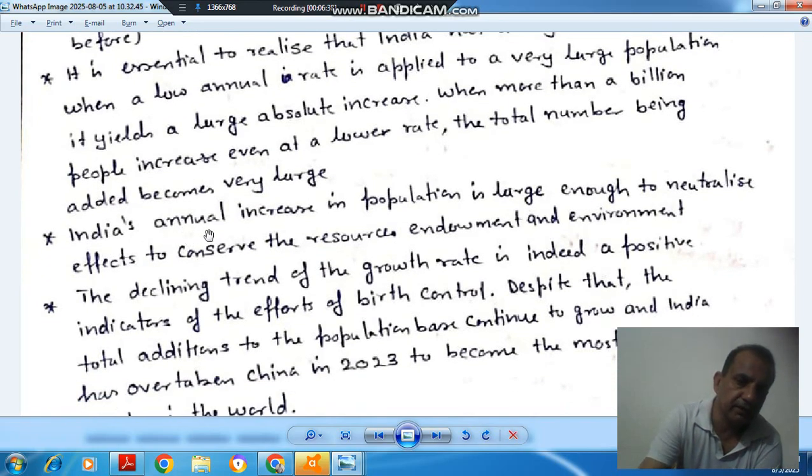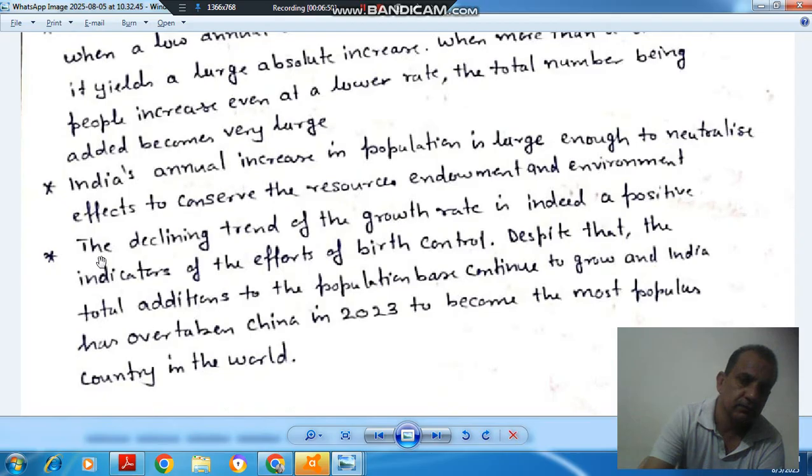Next is, India's annual increase in population is large enough to neutralize the effort to conserve the resources, endowment and environment. The next one is, the declining trend of the growth rate is indeed a positive indicator of the efforts of birth control.